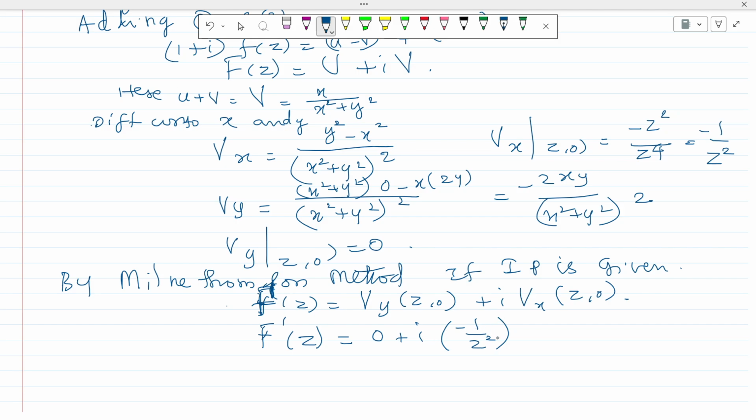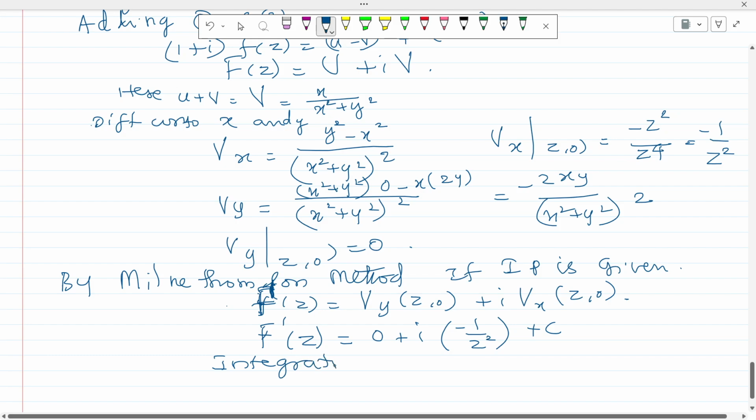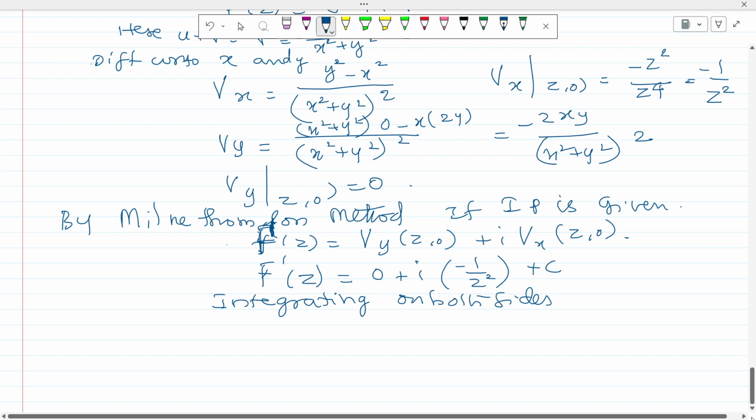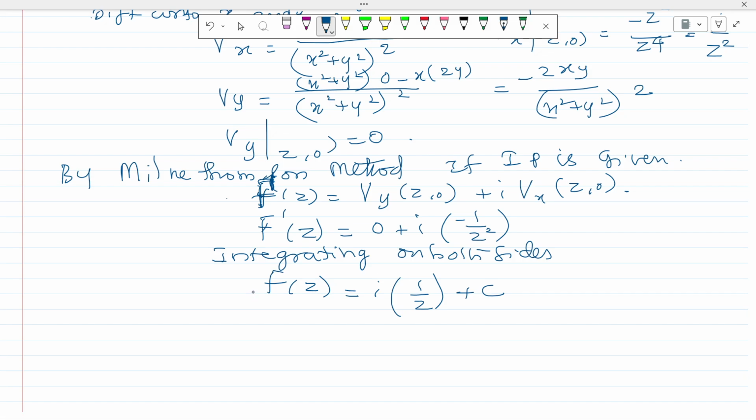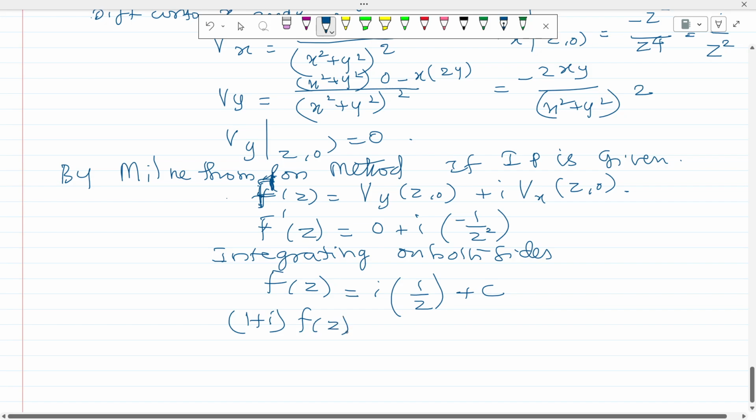Integrating on both sides, capital F of z equals I into minus 1 by z square integrated, which is 1 by z, plus c. Only plus c will come here.